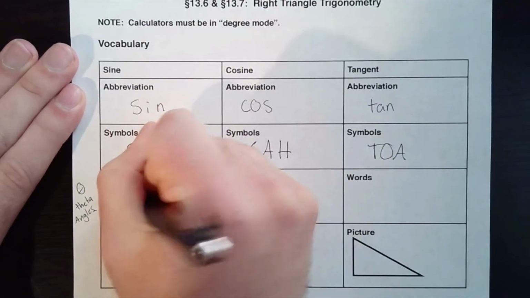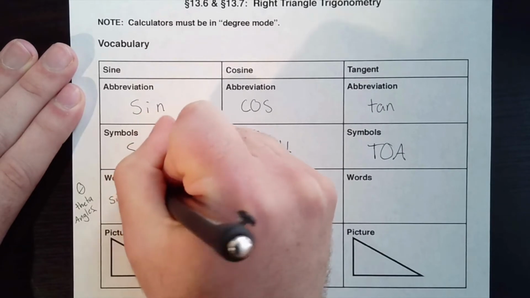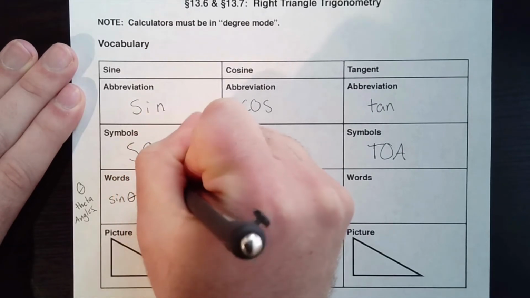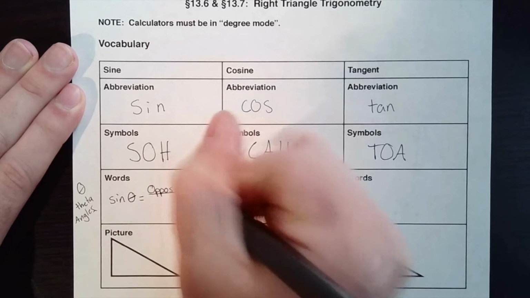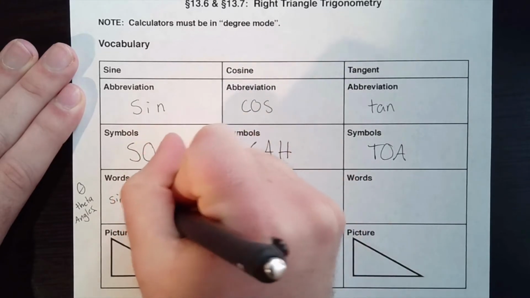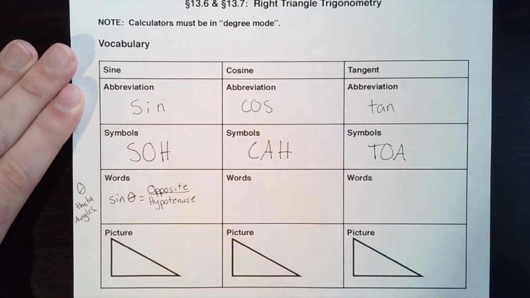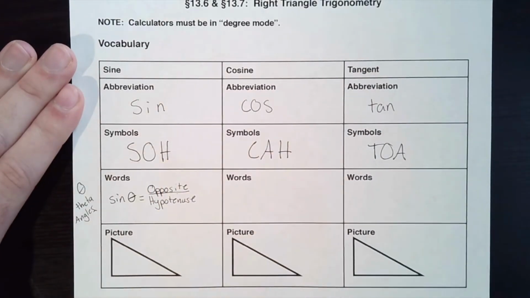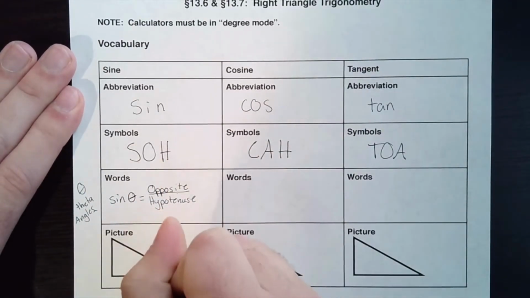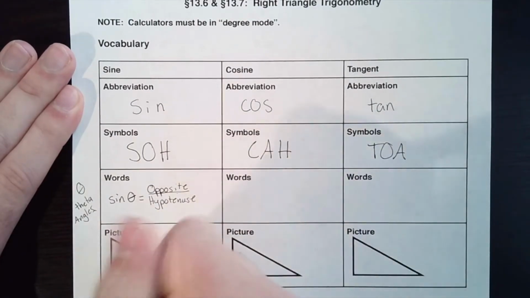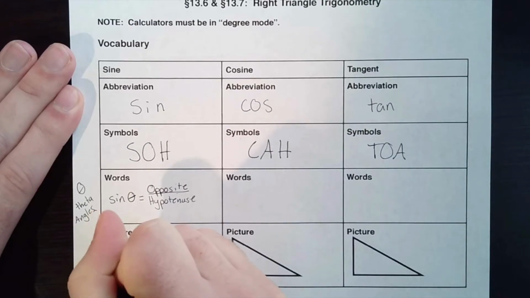Now for sine, we use two sides and we set them up as a fraction. The two sides that we use for sine are opposite and hypotenuse. What that means is if I have an angle, I'm going to jump to the picture here. Say I'm using the angle down here in the bottom, and I have my 90 degrees here as well.